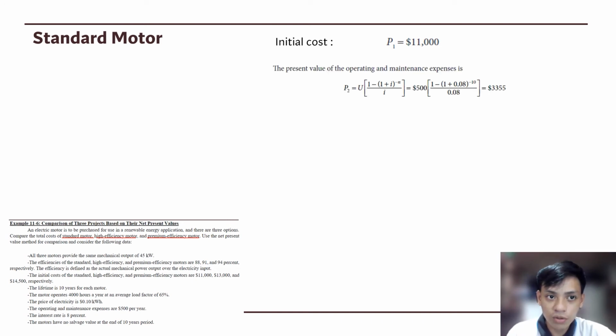And next, we will compute the present value of the operating and maintenance expenses. According to the problem, the operating and maintenance expenses of these motors are $500 annually, and the interest is 8%. By substituting these values, we will get $3,355. And that is the second present value for the standard motor.